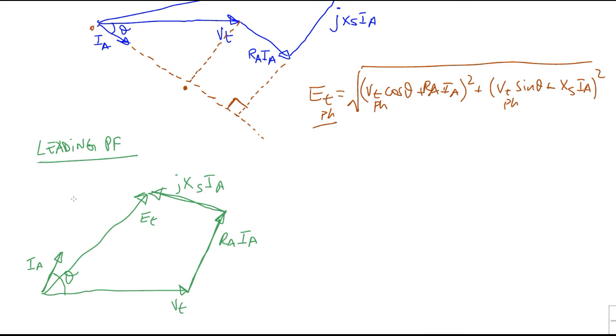Now we do the same thing. We project the current vector here. Let's make a right angle again here, and also a right angle in this section here.